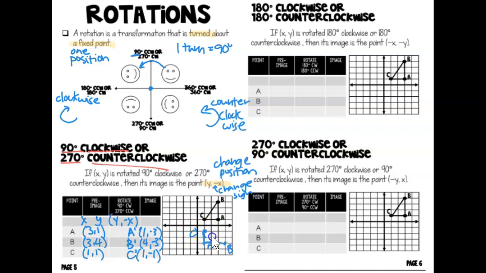And so as we can see, this has moved 90 degrees clockwise, which goes around the clockwise way, like so. So clockwise, or 270 counterclockwise. So 1, 2, 3, 270 counterclockwise.